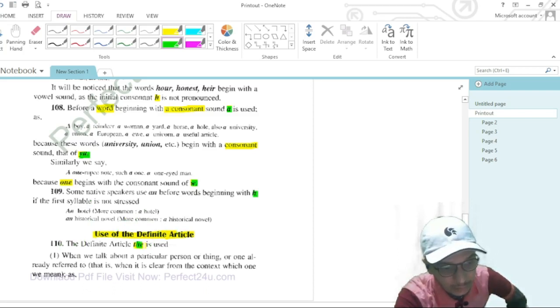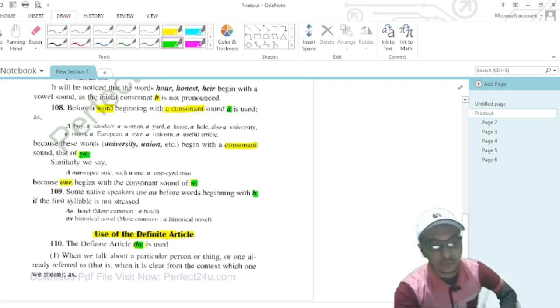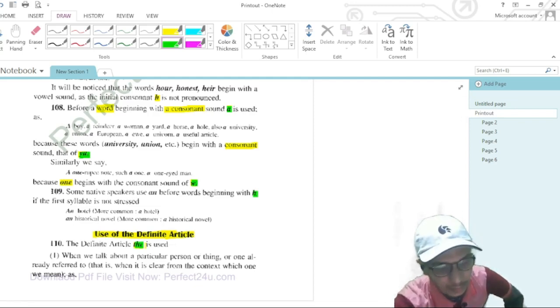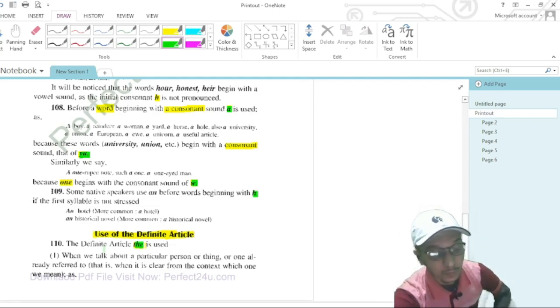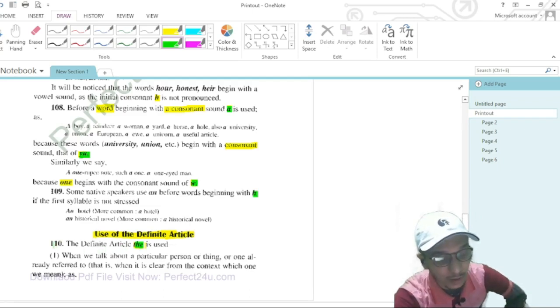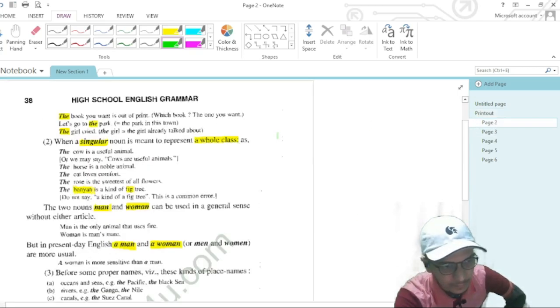Use of the definite article. The rules of the definite article are written in these points. The point starts with 110. The definite article the is used when we talk about a particular person or thing, or one already referred to, that is when it is clear from the context which one we mean, as: The book you want is out of print.